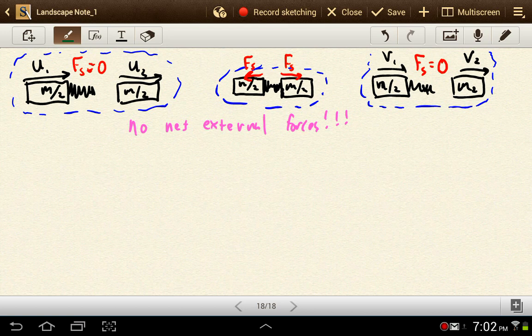So when the spring reaches its maximum compression, what are the velocities of carts 1 and 2? That's this picture here, the middle one, and what we know is that these must have the same velocity. This is the point of maximum compression, which means the distance between these two is at its shortest.